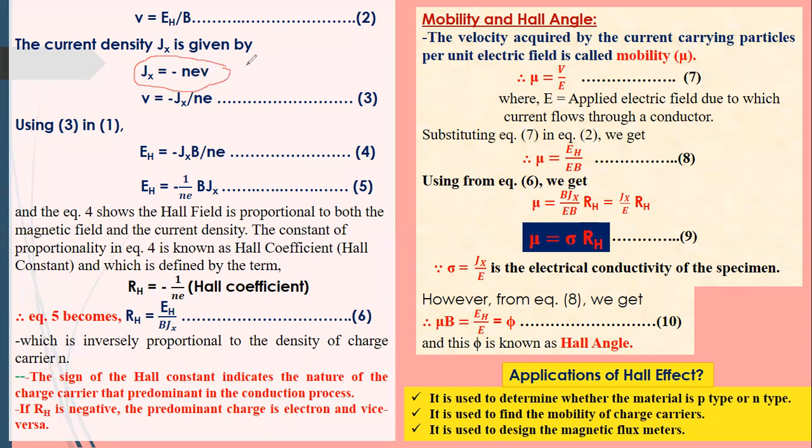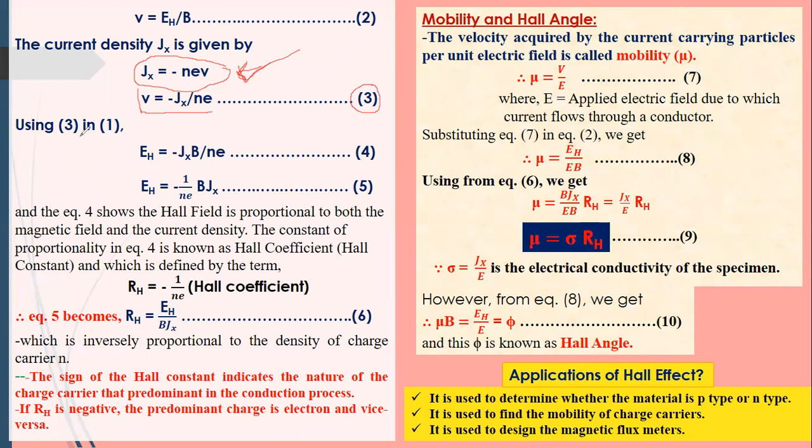This is the current density equation which we have already discussed in our previous chapter. If we rearrange this equation, we get V is equal to minus Jx upon Ne. Let us say this is equation number 3.